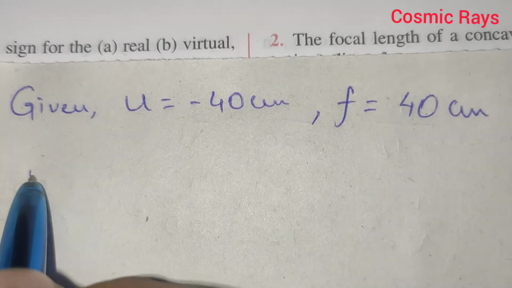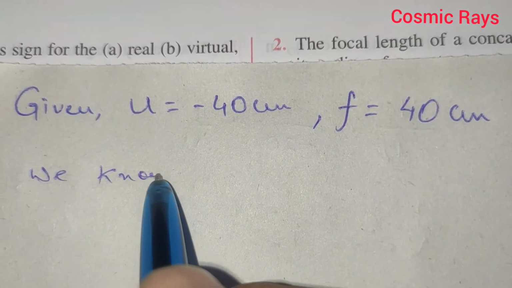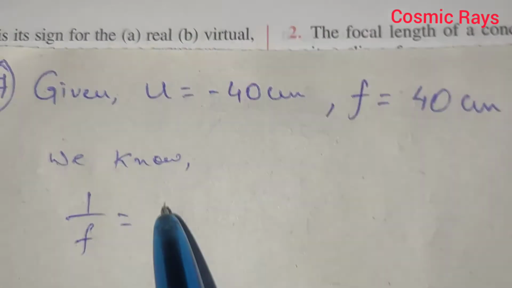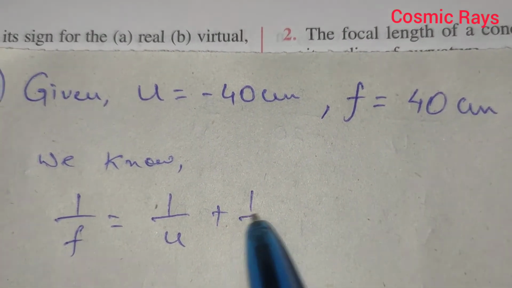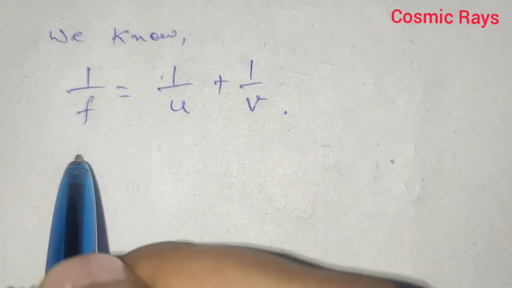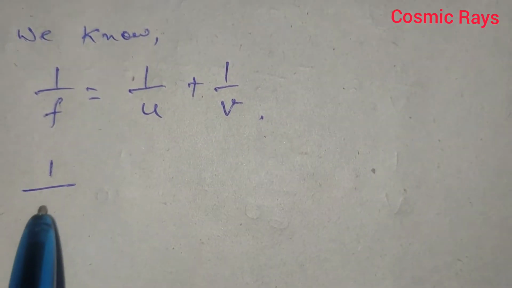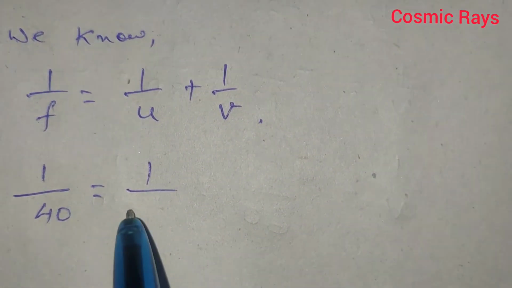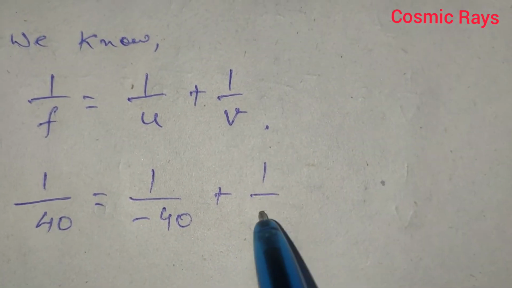We know the mirror formula is 1 by f is equal to 1 by u plus 1 by v. Now we substitute the values. 1 by f is 1 by 40, is equal to 1 by minus 40 plus 1 by v.